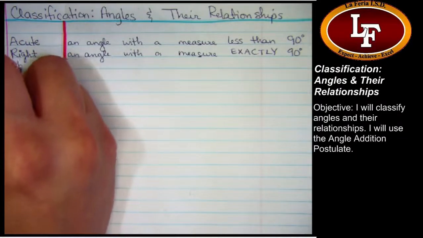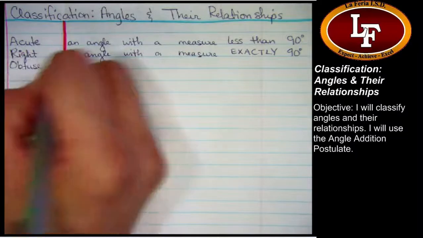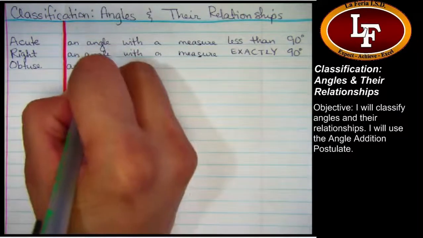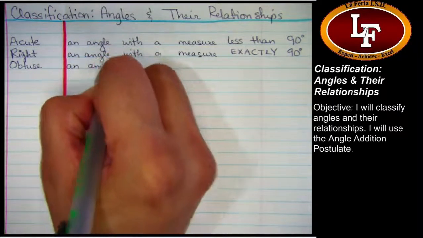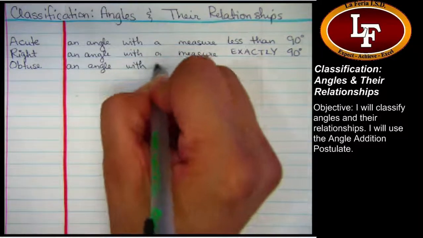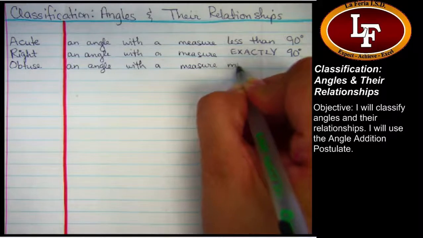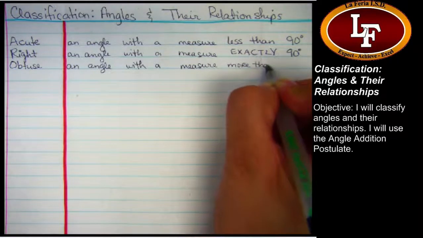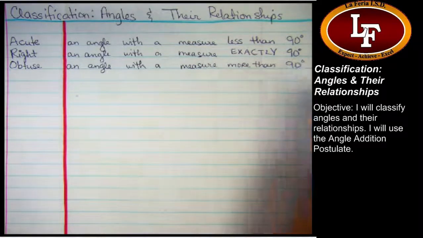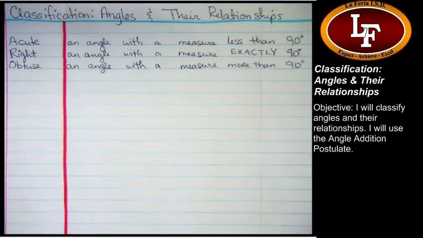The next type is obtuse. It's an angle with a measure more than 90. And we'll get more specific with that later because it's also less than 180, but I'm not going to write it down. I'm just going to write that it's more than 90.